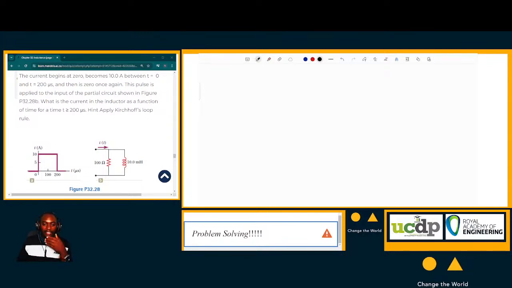So that pulse is then fed into that partial circuit, which has got a 100 ohm resistor in parallel with a 10 millihenry inductor. So I'm just going to represent that circuit here.